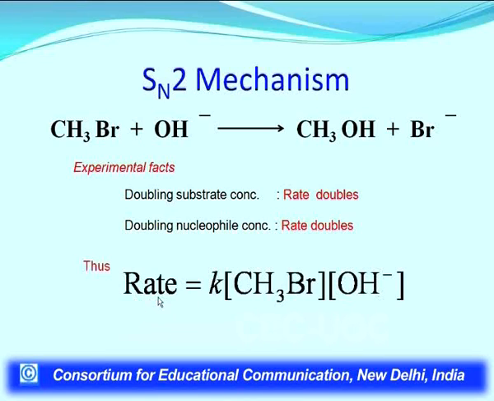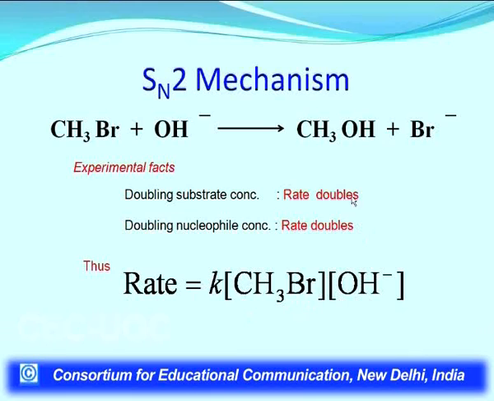So, we can write the rate equation as K [bromomethane][hydroxide], each raised to the power 1. So, the overall order of this reaction comes out to be 2. Right. So, this 2 here is also representing the order of the reaction, that this is a second order reaction.